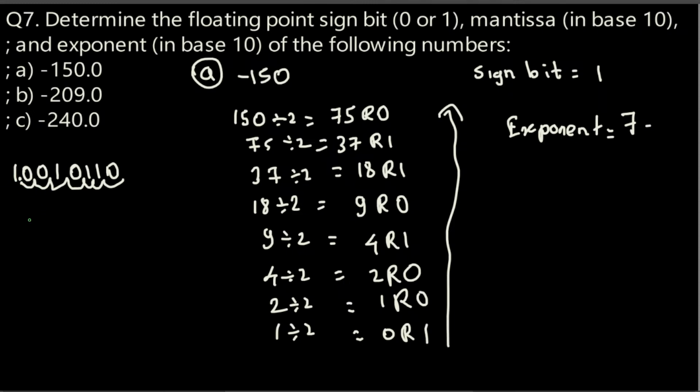So this is at 2 power 0 location, so that's going to be 1, and then plus 2 power minus 3, it's 1 over 8, then 2 power minus 5 is 1 over 32, and 2 power minus 6 is 1 over 64.